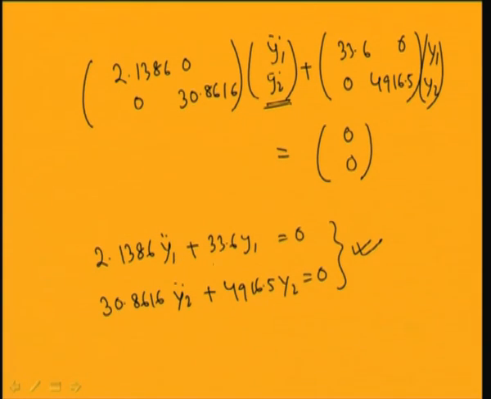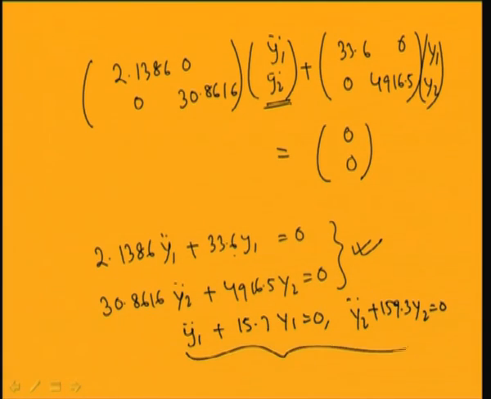If you divide 33.6 by 2.1386, that becomes lambda 1, and 4916.5 by 30.8616 becomes lambda 2. So, the first equation becomes y1 double dot plus 15.7 y1 equal to 0 and the second becomes y2 double dot plus 159.3 y2 equal to 0. Using both methods you get the same expressions for y1 and y2.